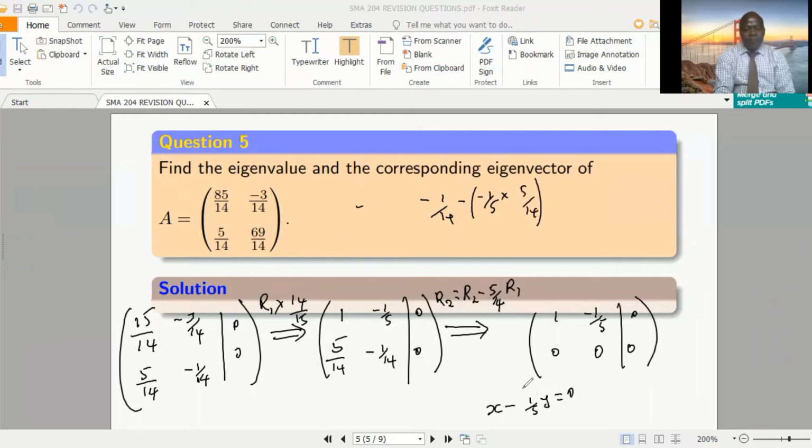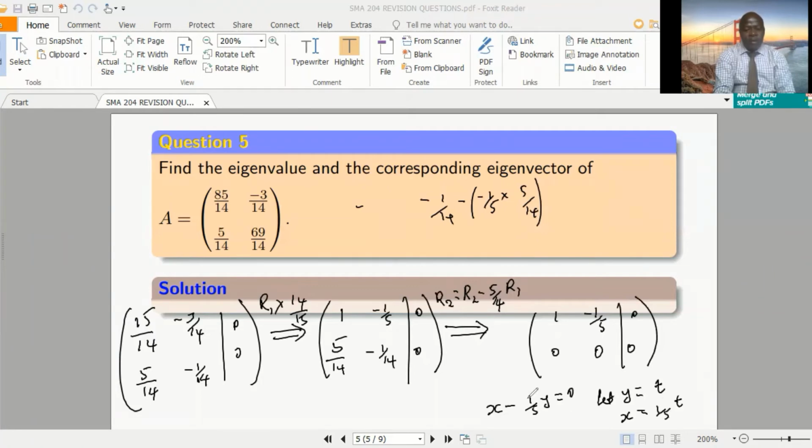So from here, x is a leading variable, and y is a free variable. So let the free variable y be t. If y is t, then x becomes 1 out of 5 t.